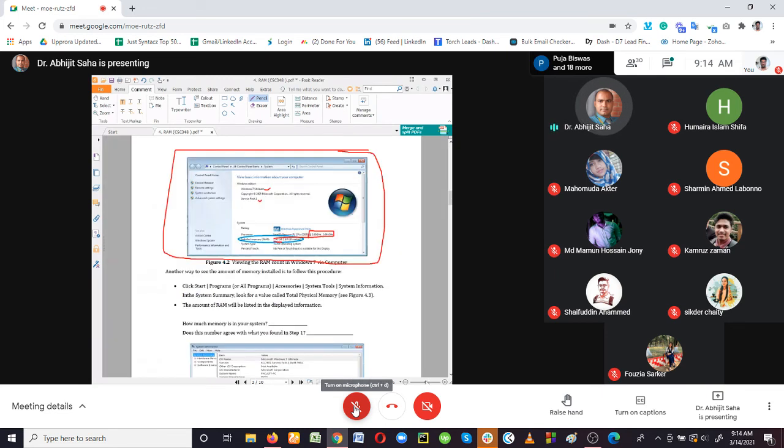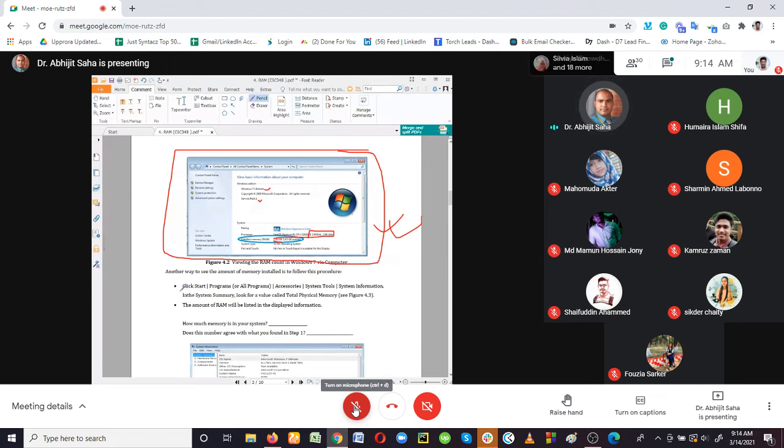So this is one of the easiest ways to know the amount of RAM you have in your computer system, and what type of processor you are using, by simply right-clicking the My Computer icon and choosing Properties.